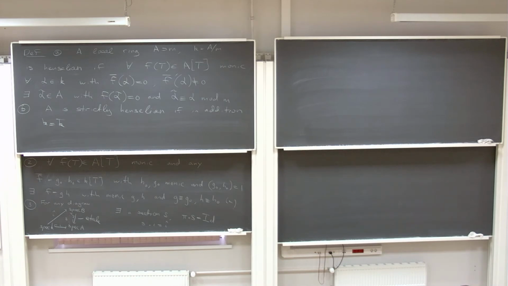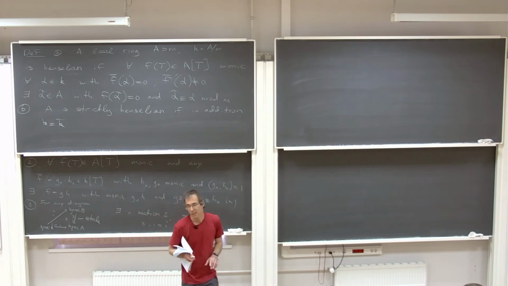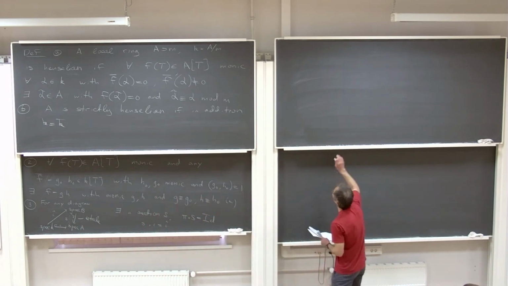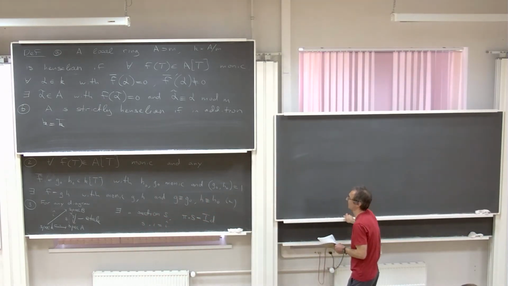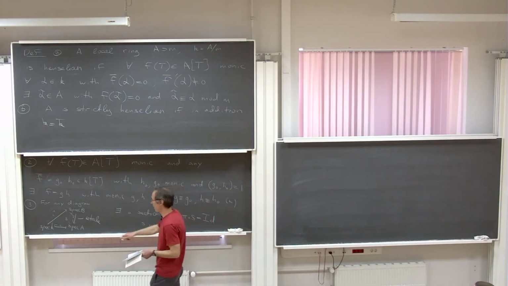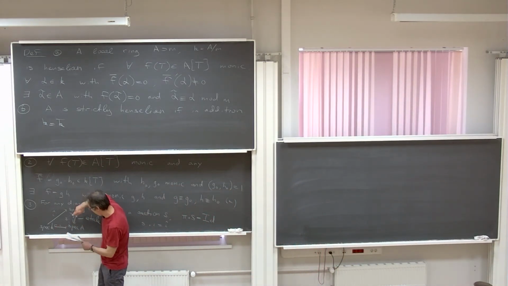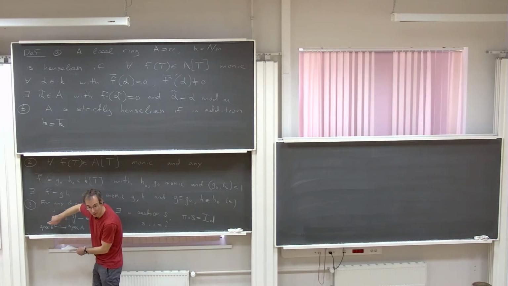So every étale neighborhood of the point spec K in spec A splits. By étale neighborhood of spec K, I mean an étale map, but I require this to have a lift.